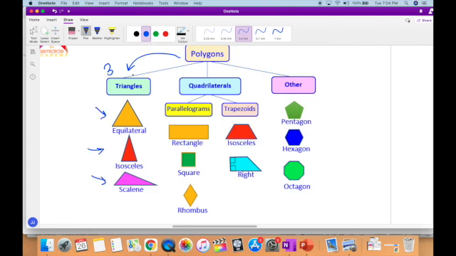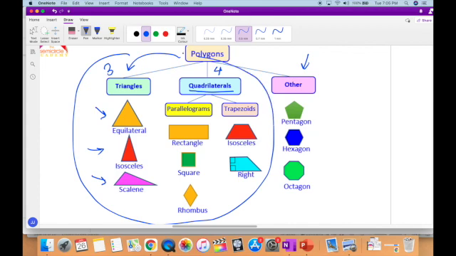So the types of polygons, we have the 3-sided figures, which are called the triangles. We have 4-sided figures, which are called the quadrilaterals. And then we have everything else: the pentagon, the hexagon, octagon, so on and so forth. For CSEC, you are required to know all of these, and the basics of them. They might give you a pentagon, but definitely all of these.